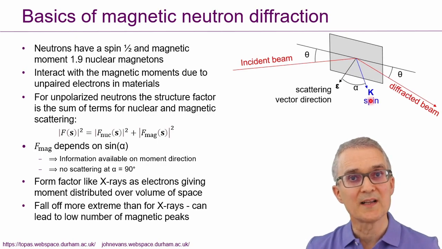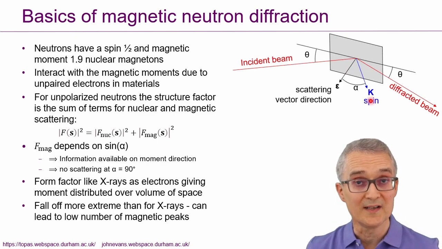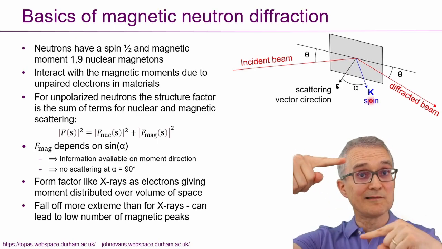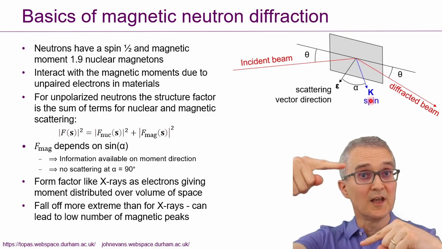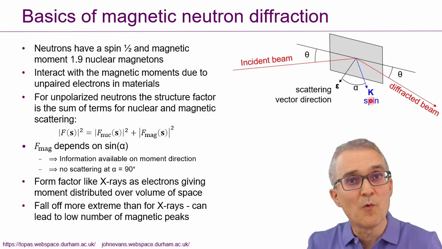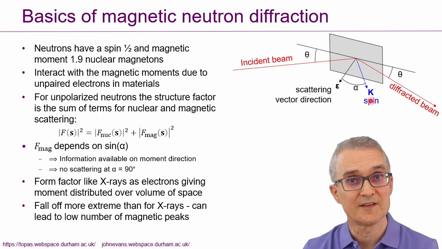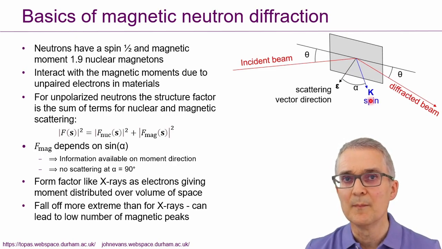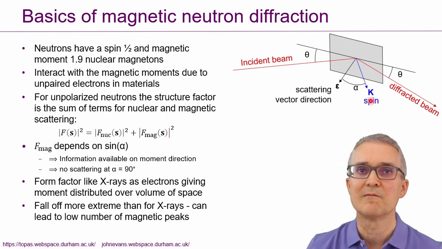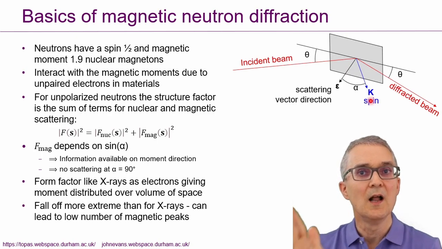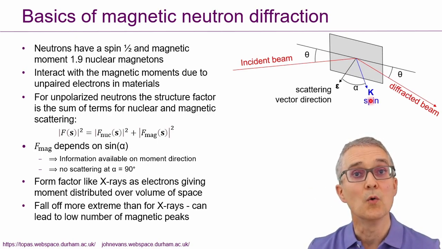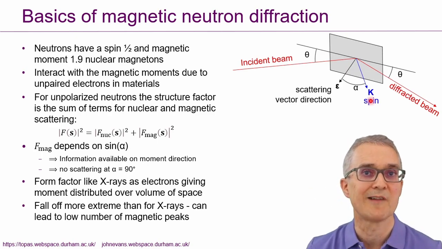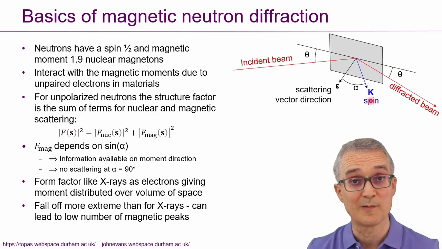And that's because the magnetic moments are normally dominated by the valence electrons, and the valence electrons are going to be further away from the nucleus than the other electrons, and that leads to a more rapid fall off in diffracted intensity with sine theta over lambda. So that can mean that the magnetic information in the powder diffraction pattern is typically located at low values of 2 theta, or long d-spacing regions of the diffraction pattern if you're doing a time of flight experiment.